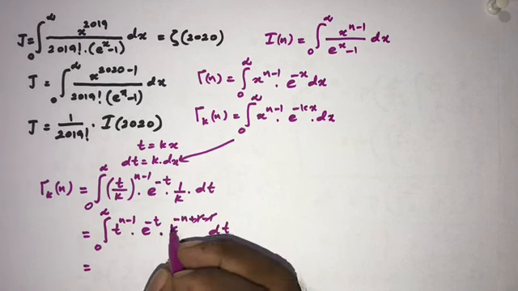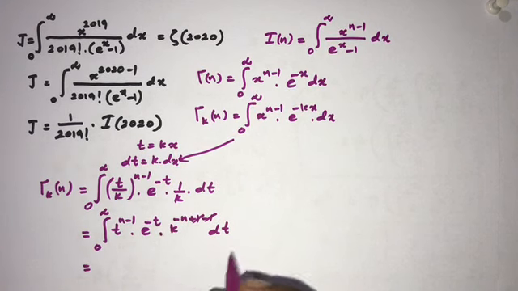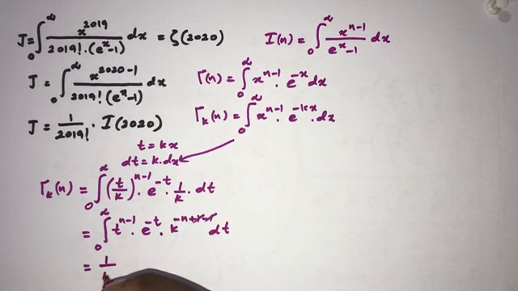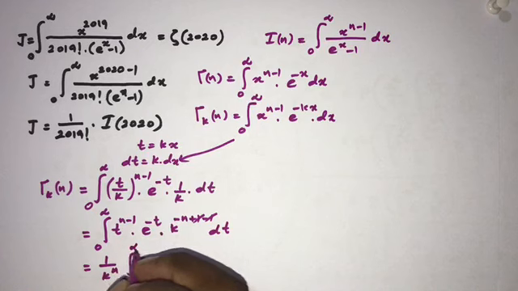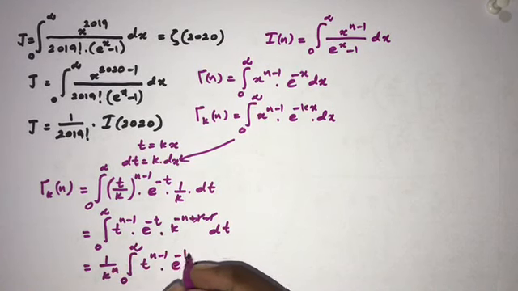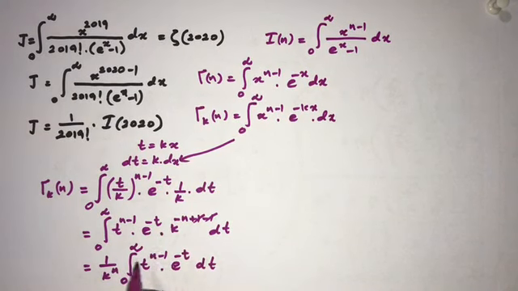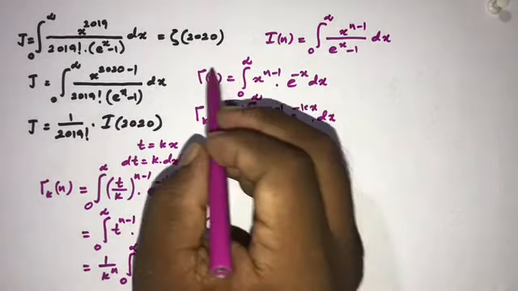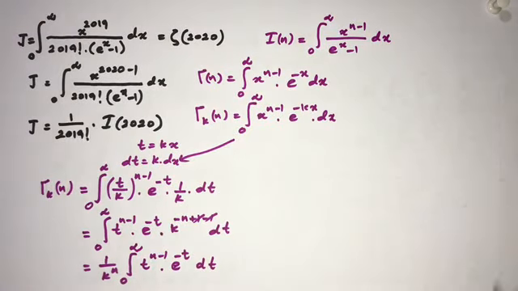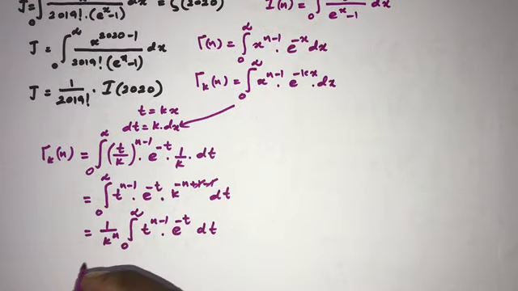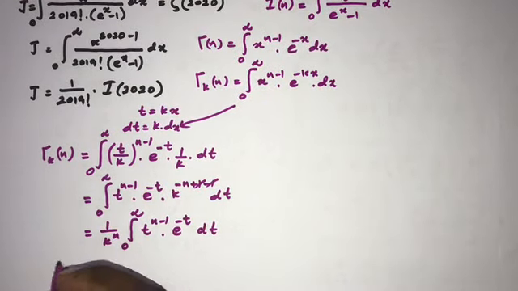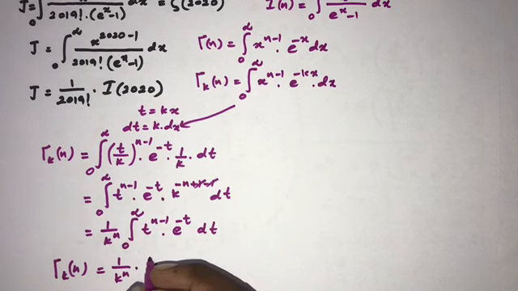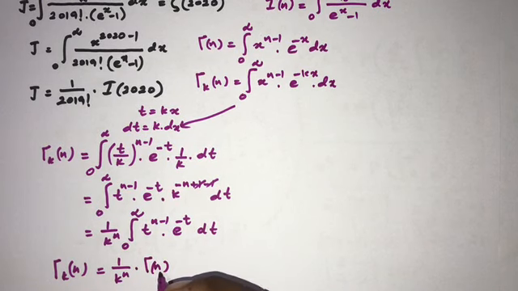Now k to the minus n is a constant, so we can take it outside of the integral: 1 over k to the n times the integral from 0 to infinity of t to the n minus 1 times e to the minus t dt. Now this is familiar because this is equal to gamma of n, so we can write gamma k of n is equal to 1 over k to the n times gamma of n.